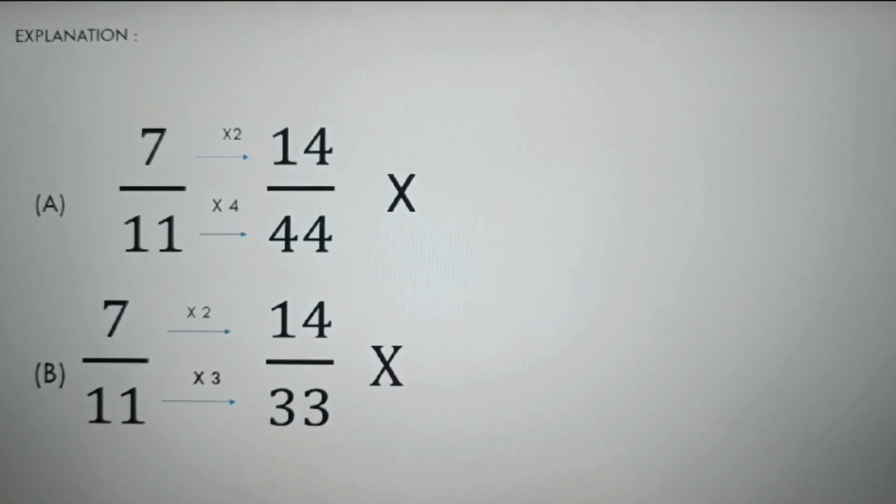Now the second option, 14 by 33, is compared with 7 by 11. The numerator 7 is increased 2 times and 11 is increased 3 times. The increase of numerator and denominator is not the same, so 14 by 33 cannot be equal to 7 by 11.